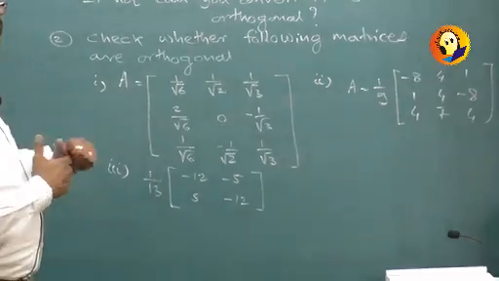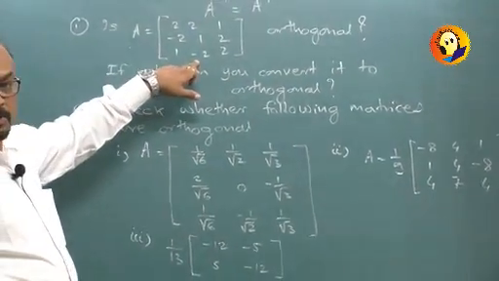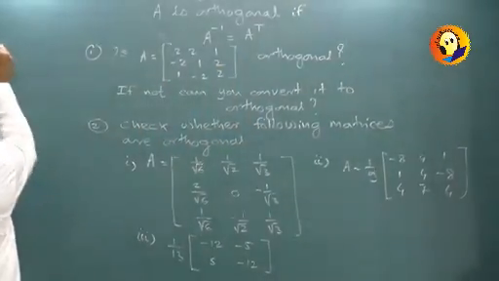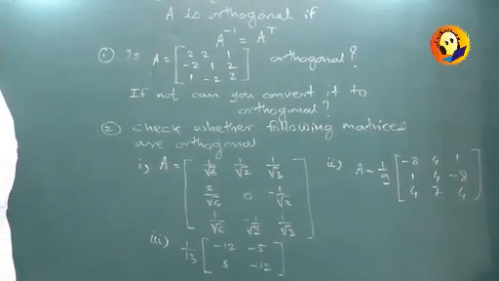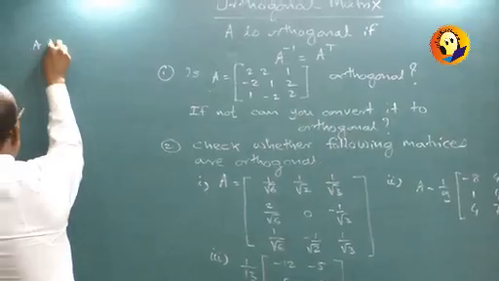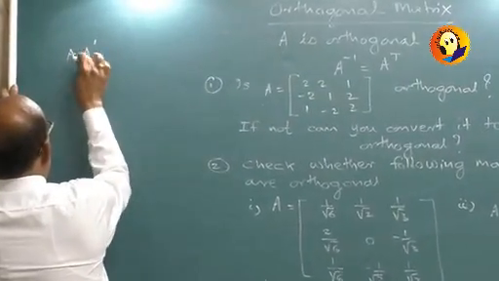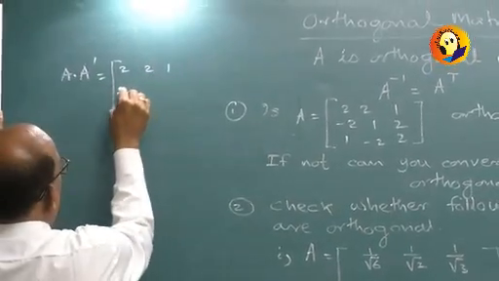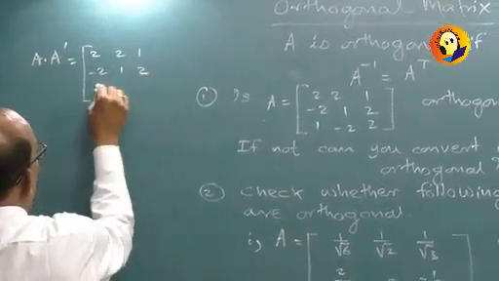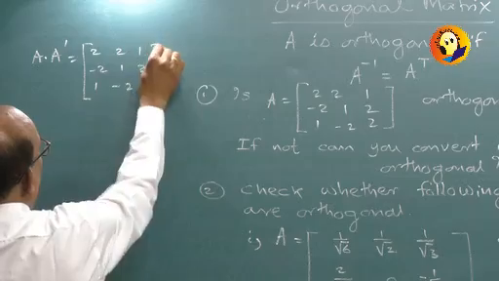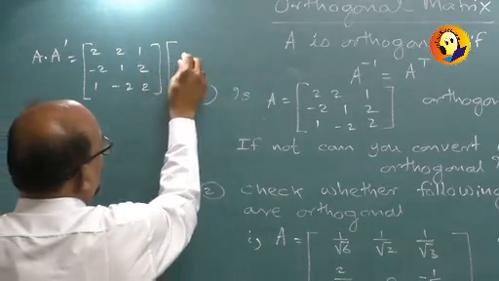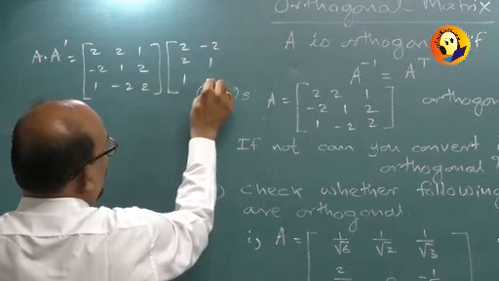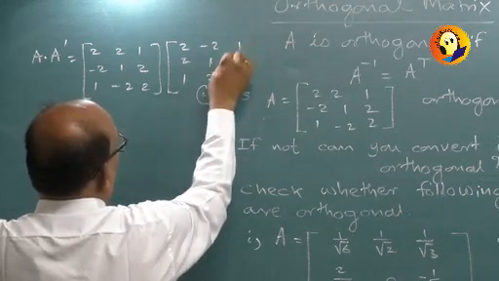So we need to find the transpose of it, and we will always start with A into A dash. You will write it as [2 2 1; minus 2 1 2; 1 minus 2 2] into its transpose, [2 2 1; minus 2 1 2; 1 minus 2 2].